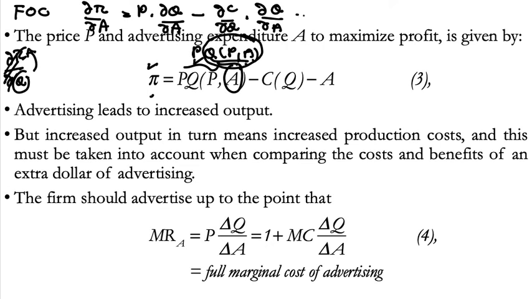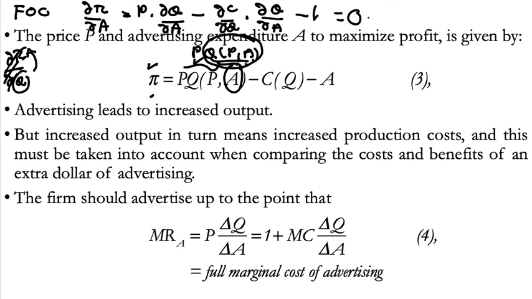And then minus what? You differentiate profit with respect to A here. You have A here. Differentiate it, it becomes 1, isn't it? First order condition, you want to maximize profit. Then this marginal profit with respect to advertising expenditure should be equal to 0. Then you know that it's maximum.